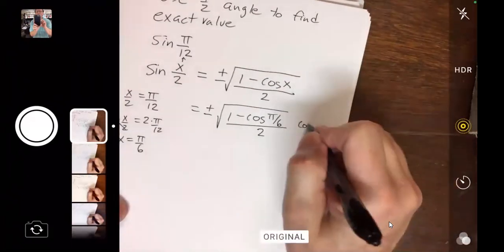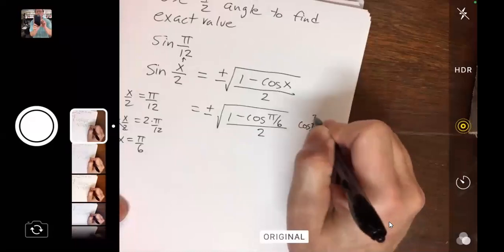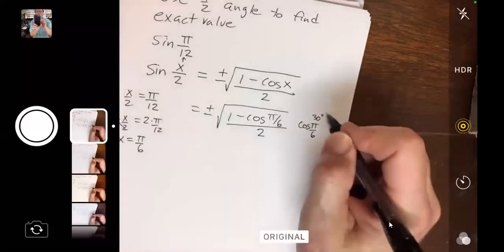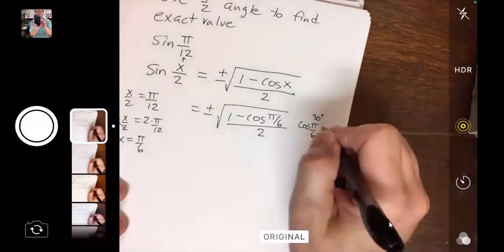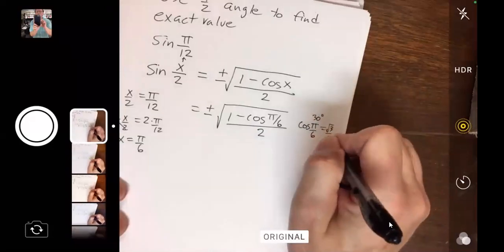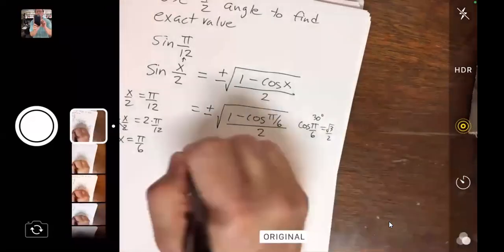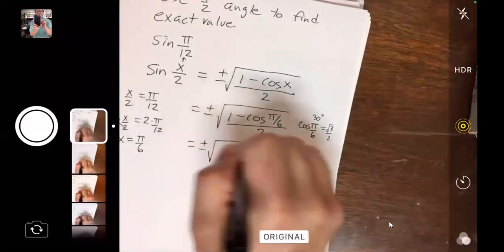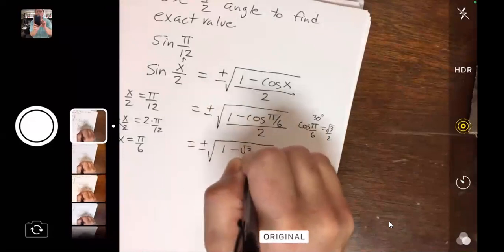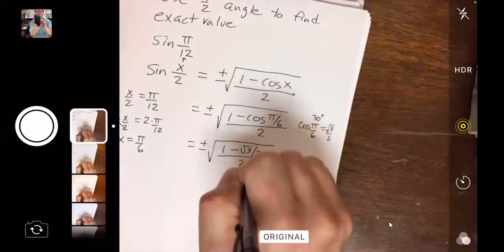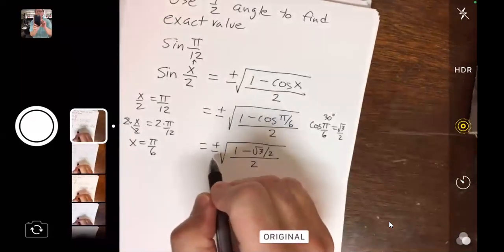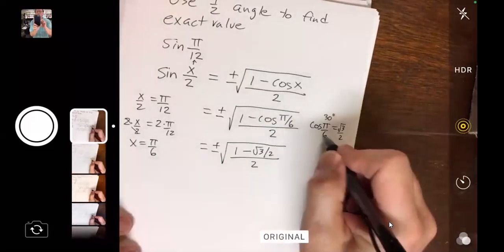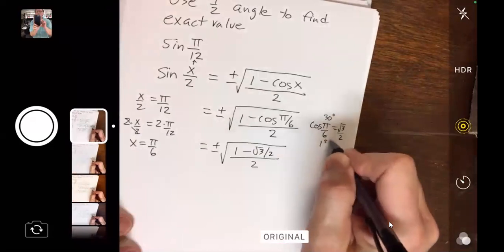Well, a cosine of pi over 6 off the circle, that's 30 degrees. Your cosine, first quadrant, 30 degrees is shallow, x leg is long. That's root 3 over 2. So you have plus or minus big square root 1 minus root 3 over 2 all over 2. Well, you've got to pick the plus and minus.